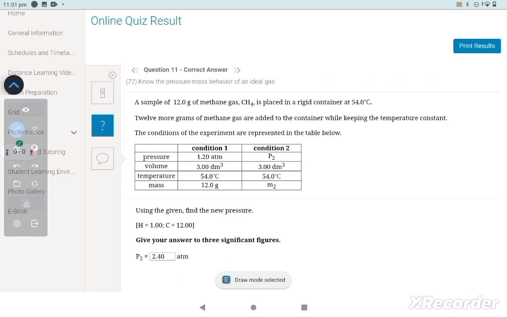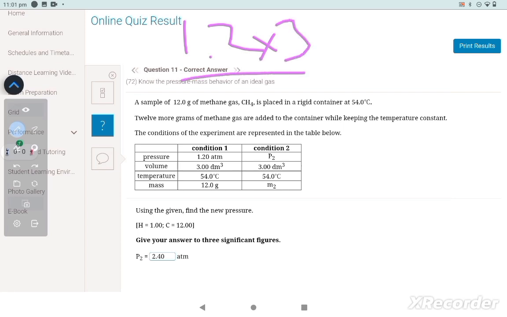This one, we have to do P1, which is 1.2 times 3 over 12 over CH4. CH4 is 12 plus 4, 16.